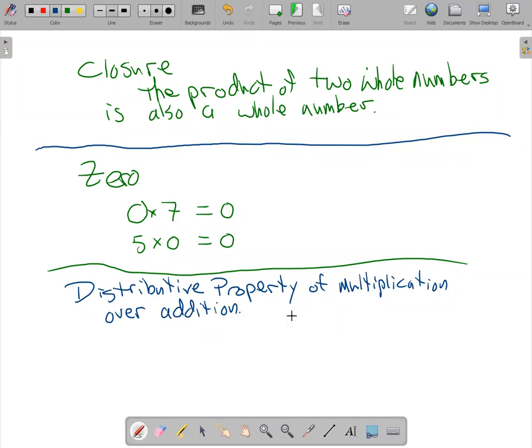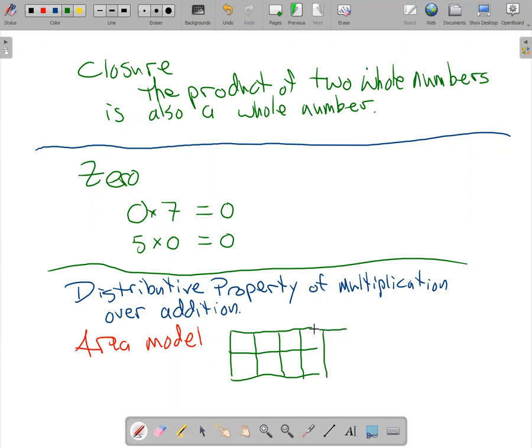And I like to use the area model to demonstrate this. So I'm going to draw a grid. And I'm just going to break up the grid a little bit by making a division right here.